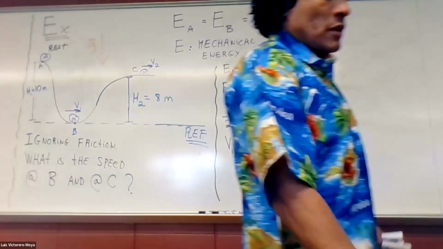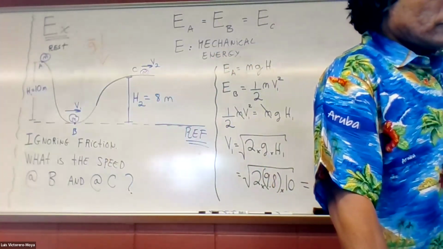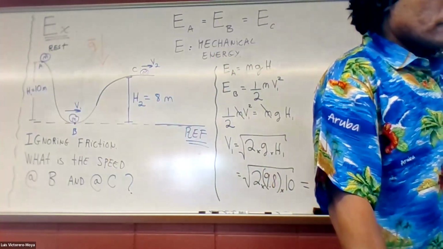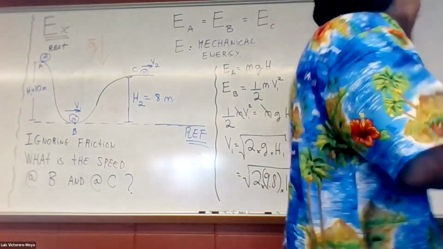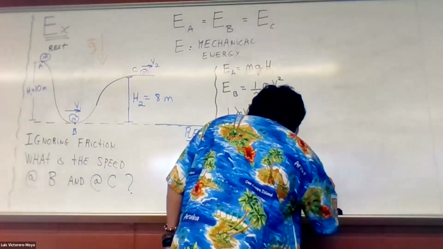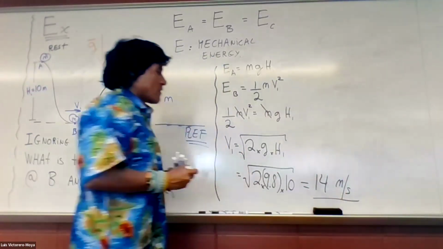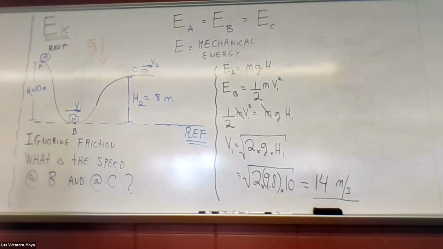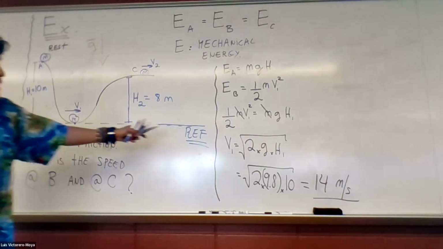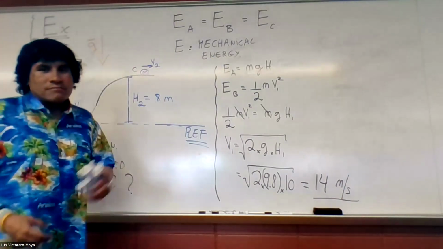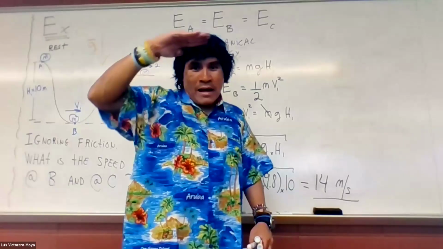That's about 14 point something. Yeah, it's 14 exactly. 14 meters per second. All right? That's at B because that's on the ground. What about at C though? C is now at some height.